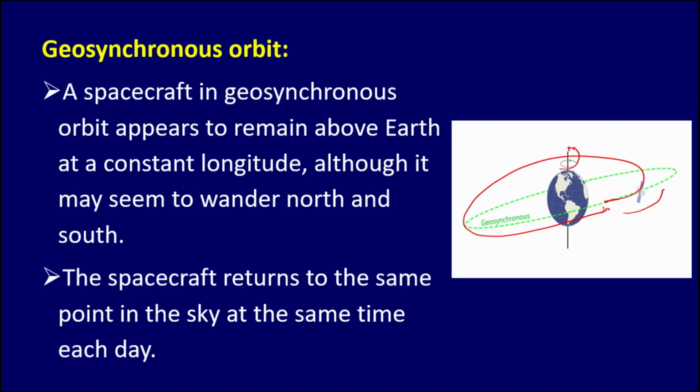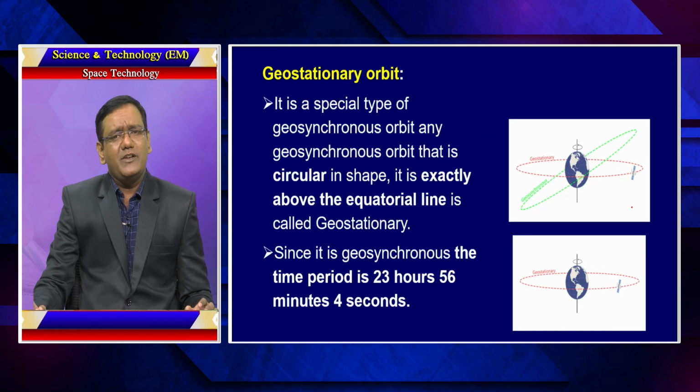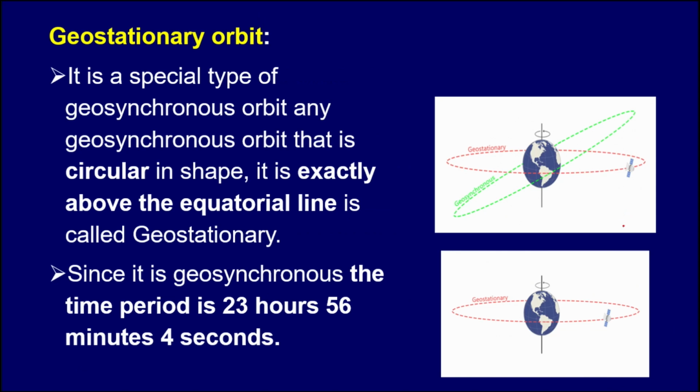So when the Earth and the orbiting satellite have the same time period, then obviously it would look constant if you look at the satellite from the Earth. So what is geostationary orbit? Geostationary orbit is a special type of geosynchronous orbit.